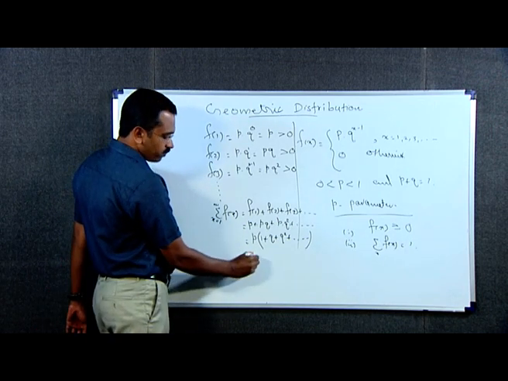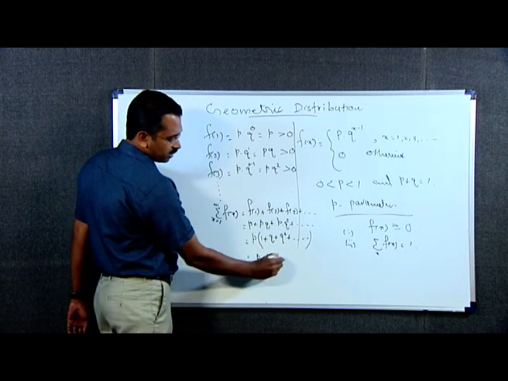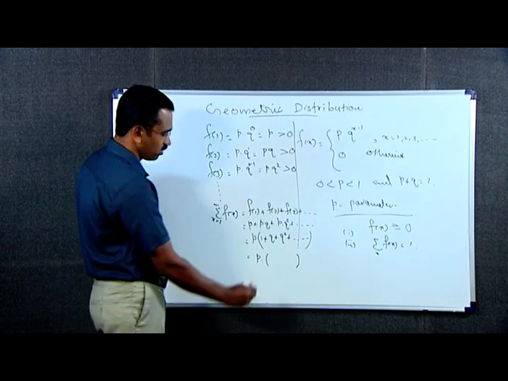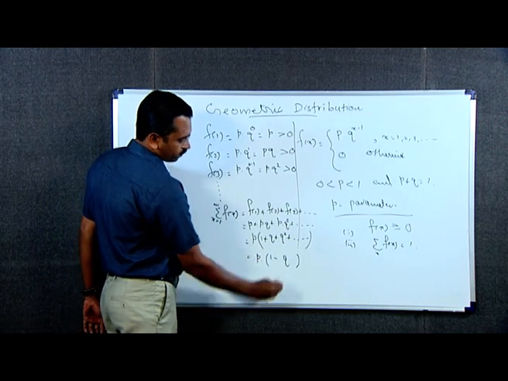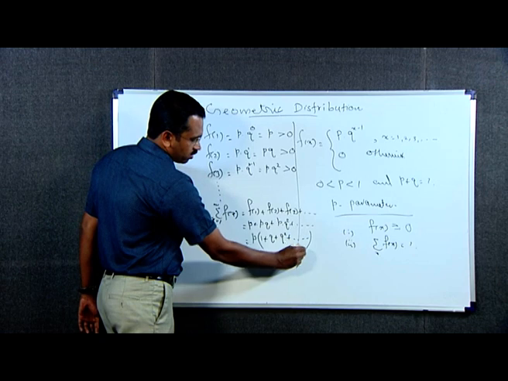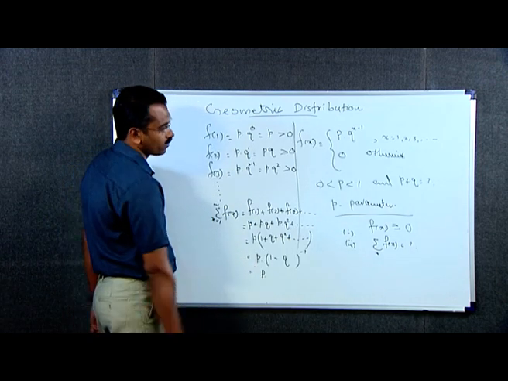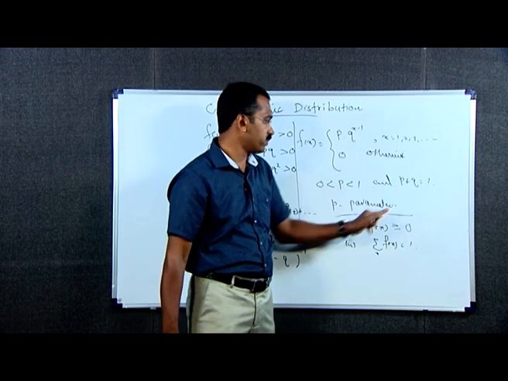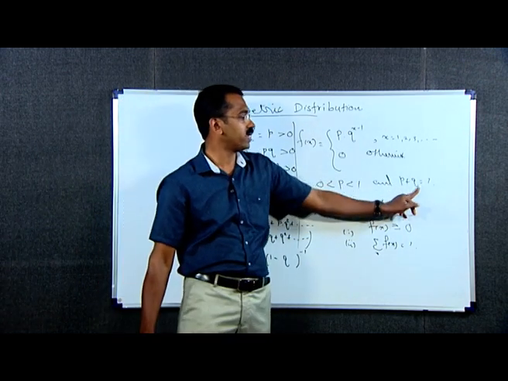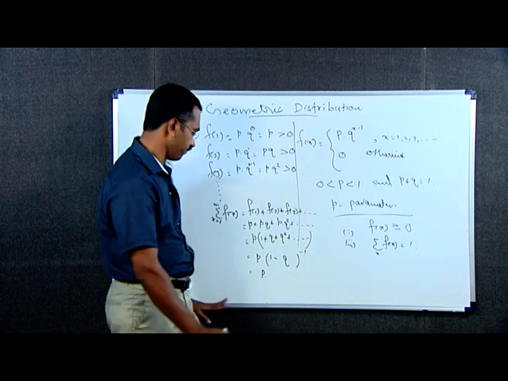That is equal to p into, this is the binomial expansion of 1 minus q raised to minus 1. Here p plus q equal to 1 means 1 minus q is equal to p.